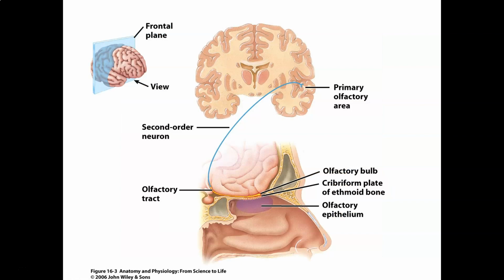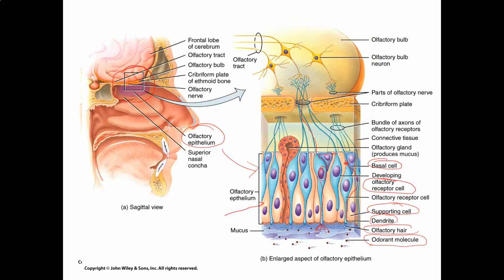Once you get the action potential produced, the action potentials travel through, let me go back, I went too fast. Let's follow these axons of the olfactory receptors. You see how they come up, the axons, and they go through the cribriform plate.